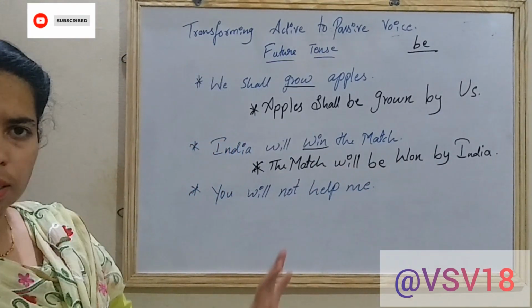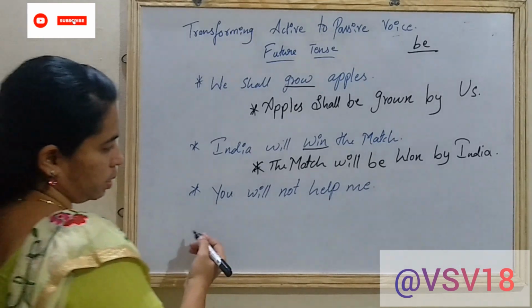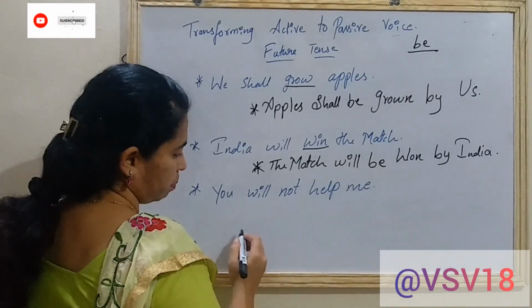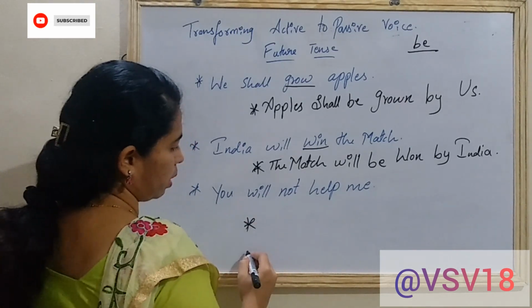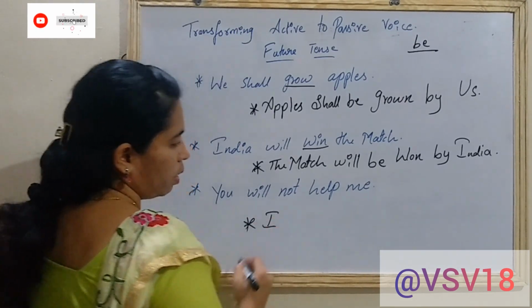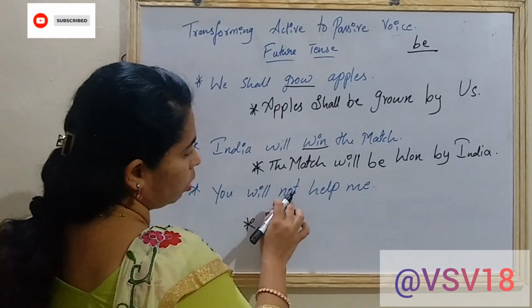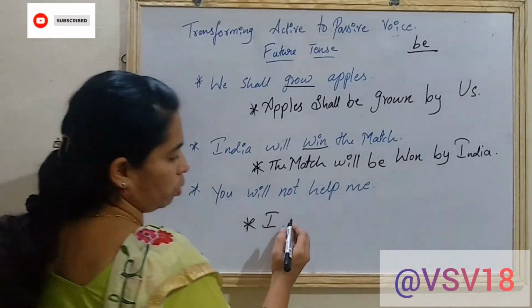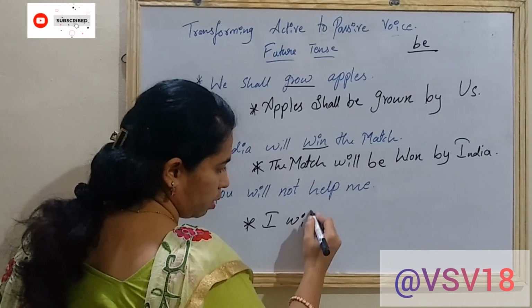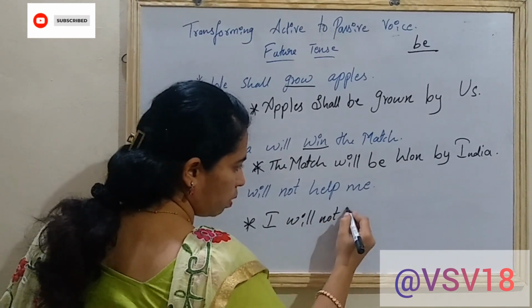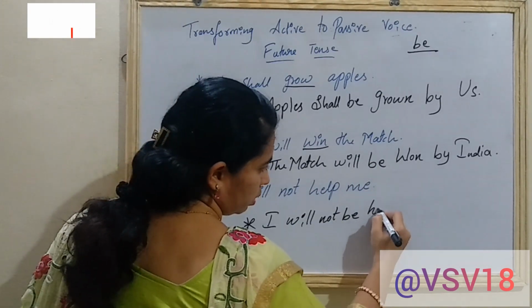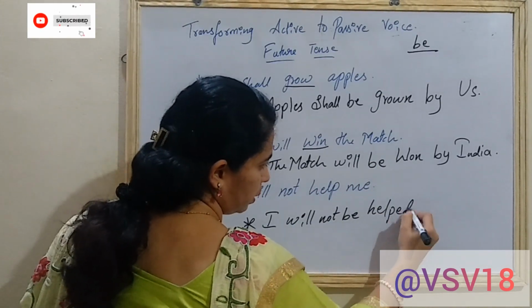Cleared? Next. You will not help me. Me becomes I. The subject me becomes I. Will not. Always not is used along with the helping verb. We are not separating it. Will not be. Help becomes helped.